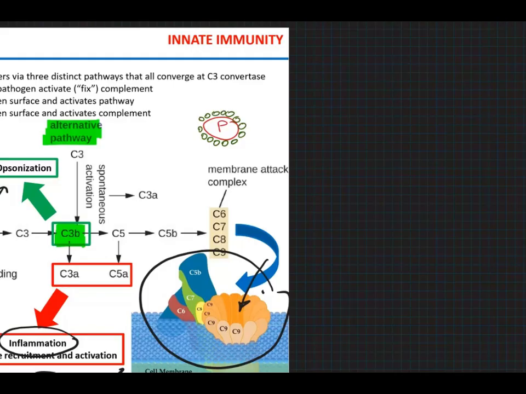So if a macrophage has to select between the pathogen in its native form without C3b and the pathogen that is surrounded by C3b, that will be the choice for the macrophage. These green circles represent opsonins, and the entire process is called opsonization.